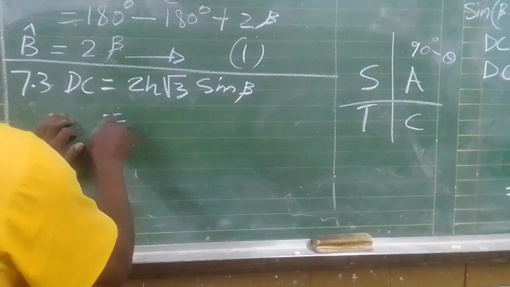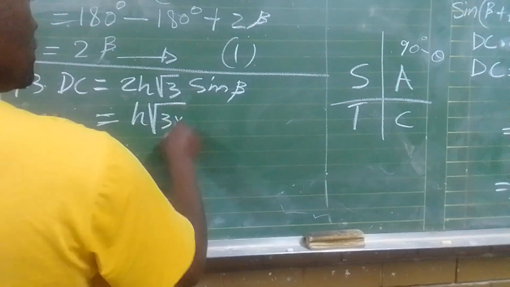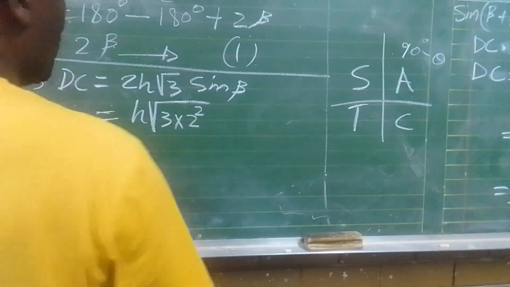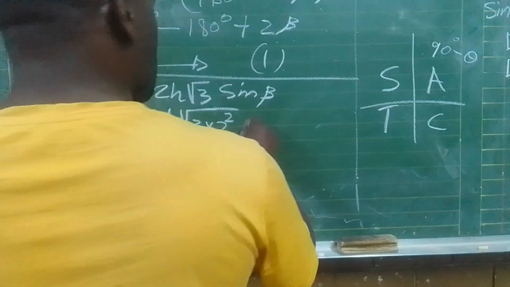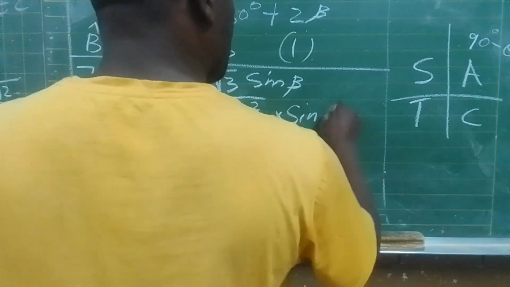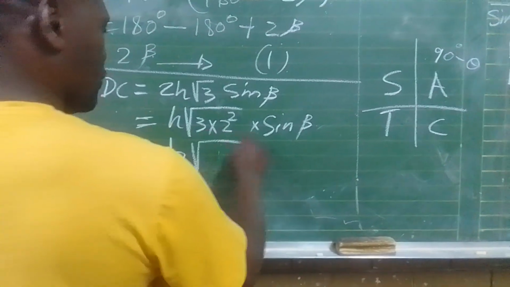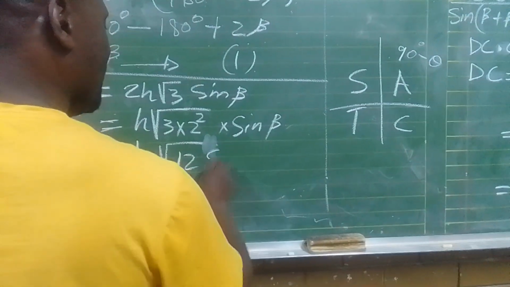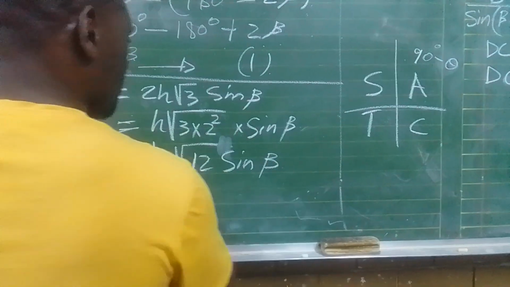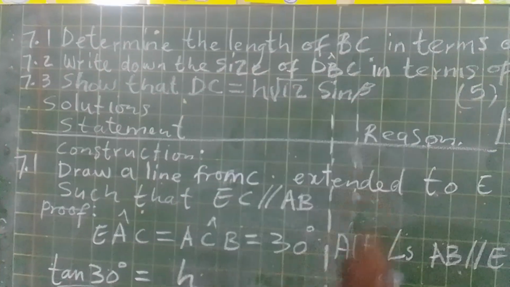The root sign is going to be h into the root of 3 multiplied by 2 squared. When you take this 2 inside the root, you square it, and you multiply that by sine beta. Now it's h root of 12 sine beta, since 3 times 4 is 12. You have your 5 marks. We have proven that DC equals h root 12 sine beta.